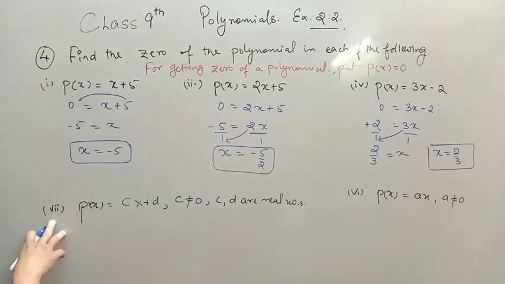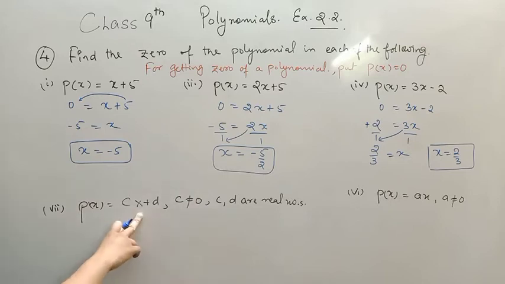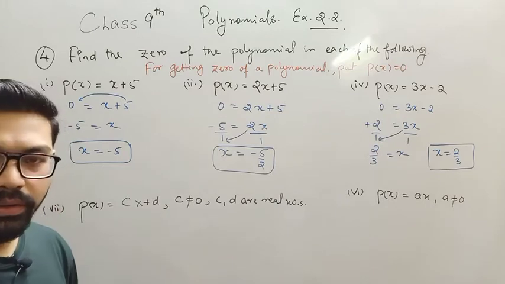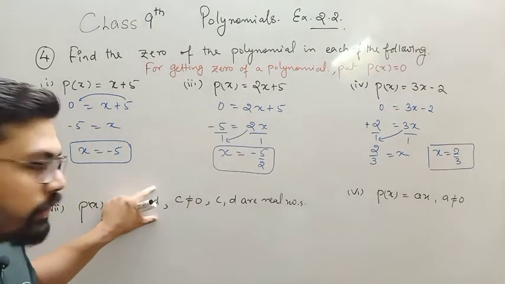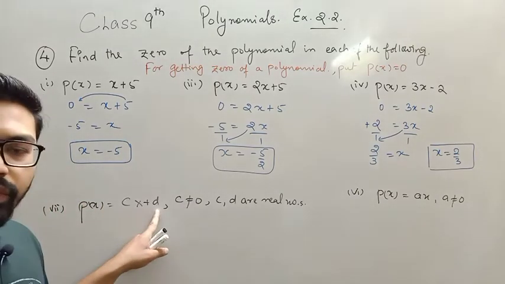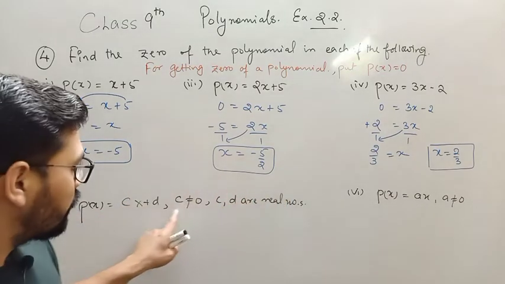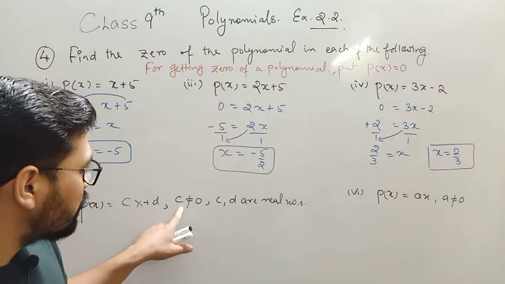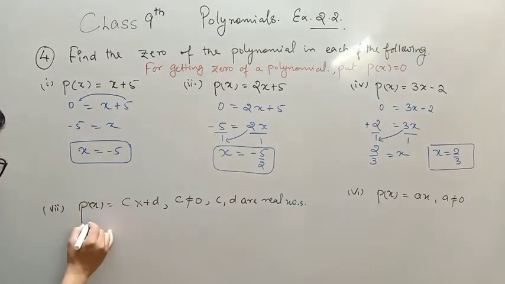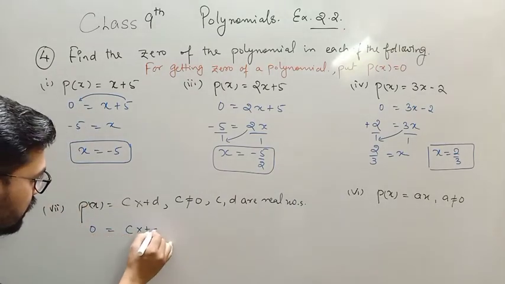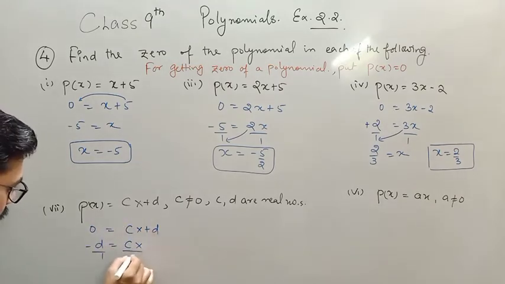Now the 7th part is p(x) equals cx plus d, where c is not equal to 0. c can't be equal to 0, otherwise it will not be a linear equation. If c becomes 0, then there is no question left, it becomes equal to d, and d is a constant term. So this is the condition given in the question, though it is not that much required for you. c is not equal to 0, and c and d are real numbers. Simply put p(x) equals 0, cx plus d, again transpose d, then cross multiply.